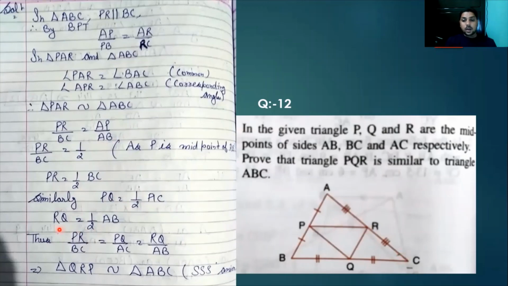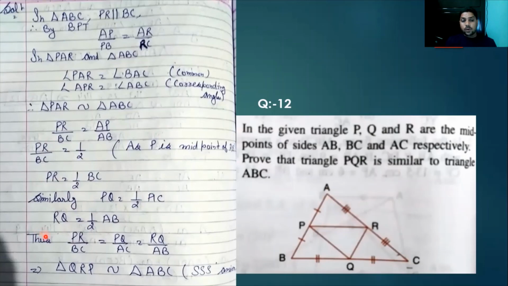PR is 1 by 2 of BC, sorry. PR is equal to 1 by 2 of BC. And in a similar format, we can prove that PQ is equal to 1 by 2 of AC, and RQ is equal to 1 by 2 of AB.